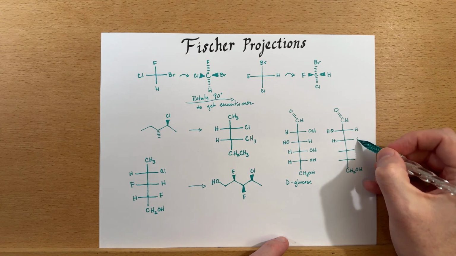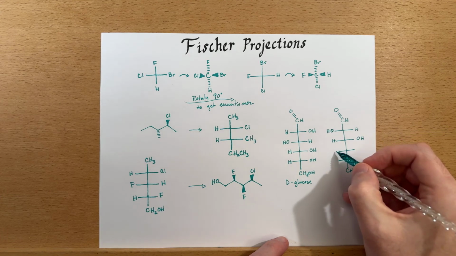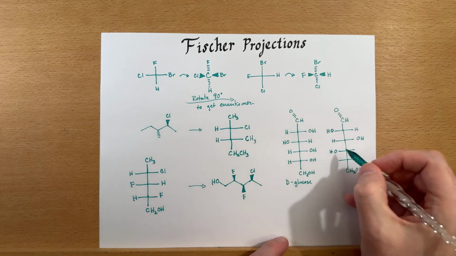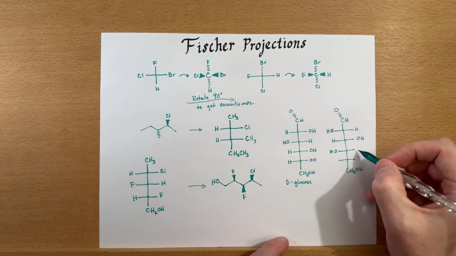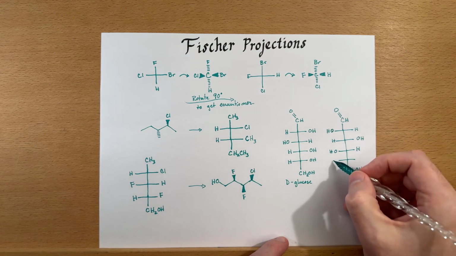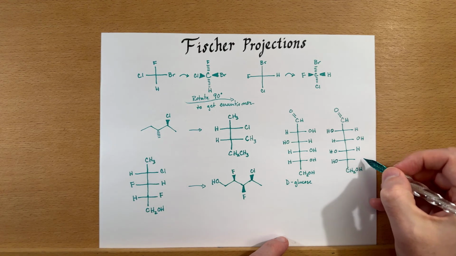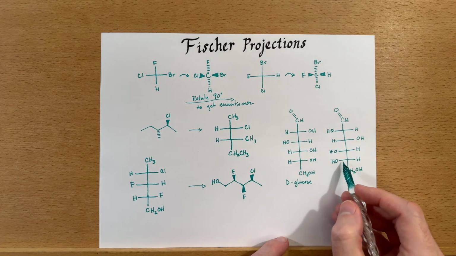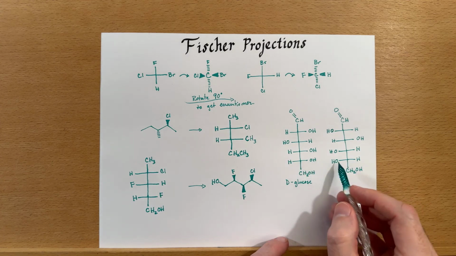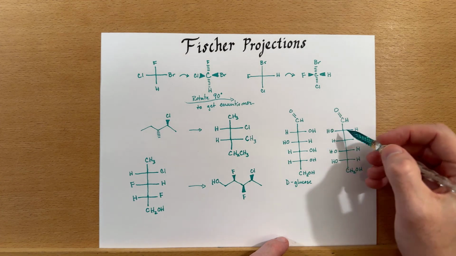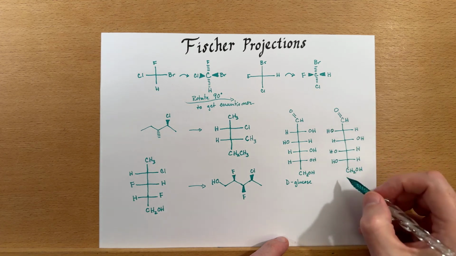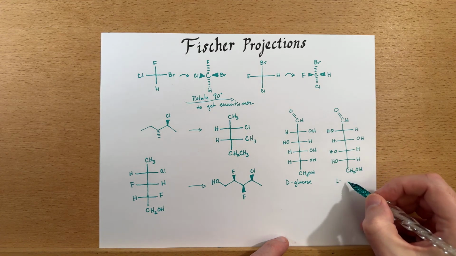And this is where the utility of it comes in, because it's easier to see the isomeric relationship of the different sugars, because you can easily identify which direction they are. So I noticed that all of these centers are flipped left and right, so this is now the L-glucose.